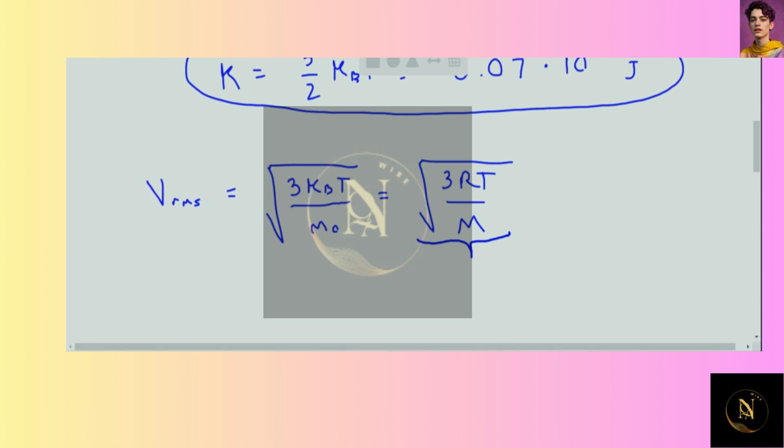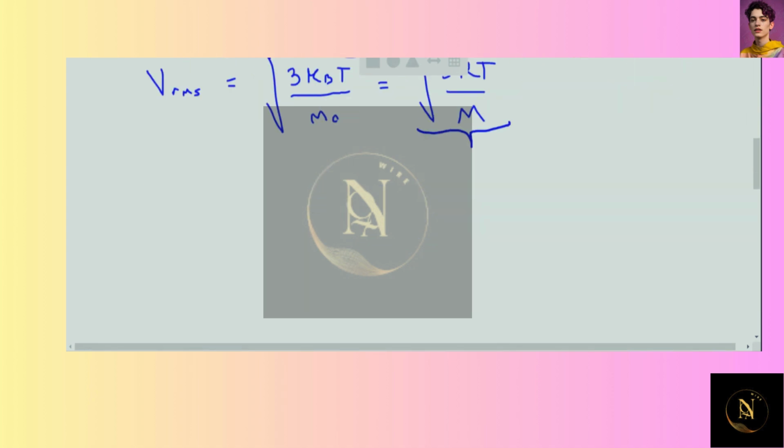For helium, the molar mass is just 4 grams per mole, or if we convert that to kilograms, 0.004 kilograms per mole.